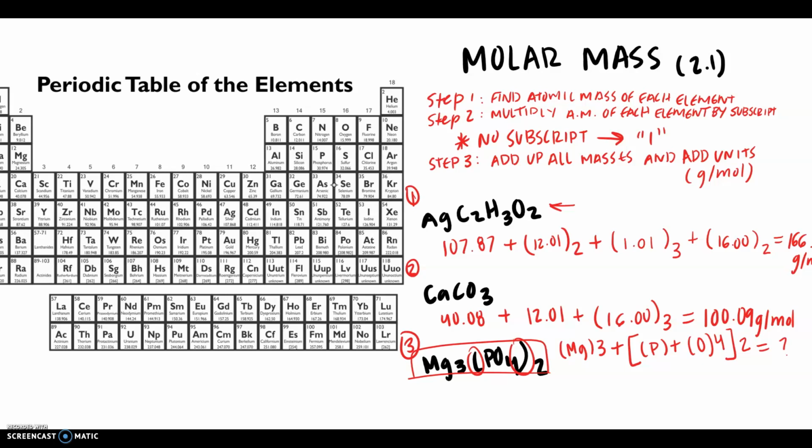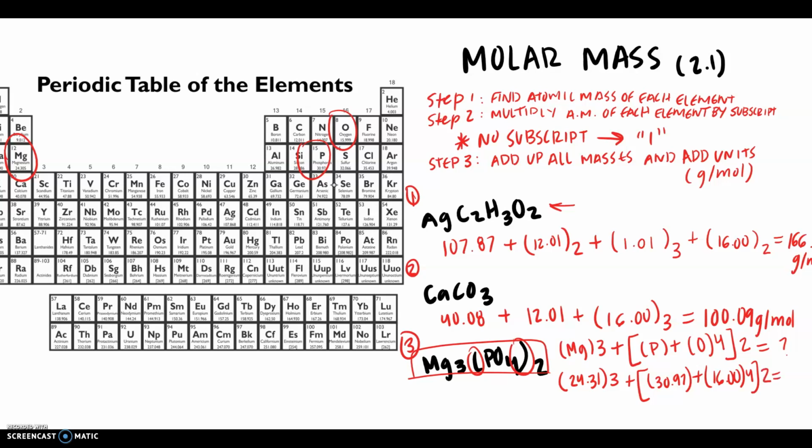So all you have to do now is go to your periodic table and look for these different elements, right? So here we have magnesium. We have 24.31 times 3 plus, fill in the bracket, 30.97 plus 16.00 times 4, and then you're going to multiply this by 2, right?